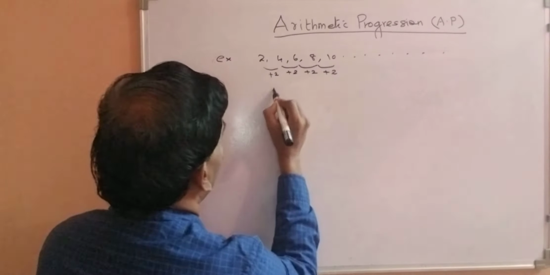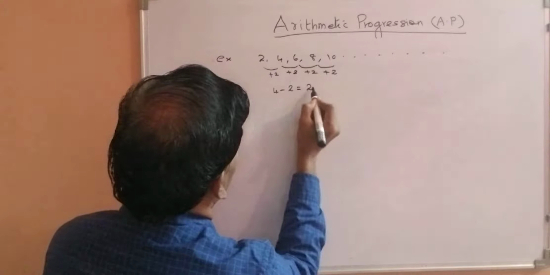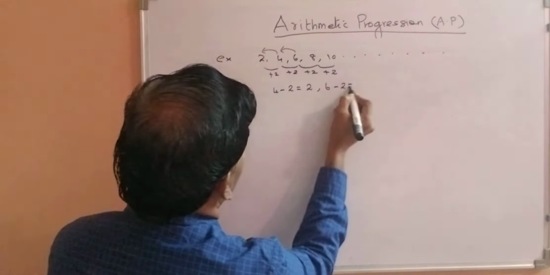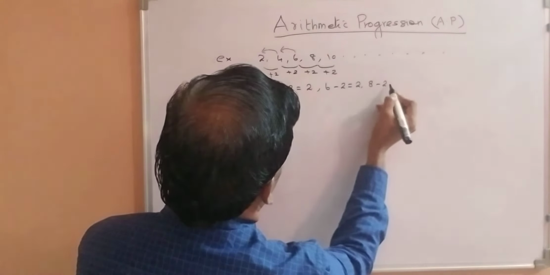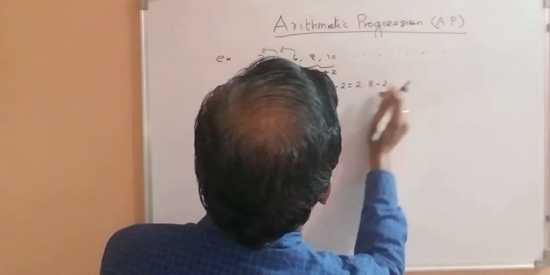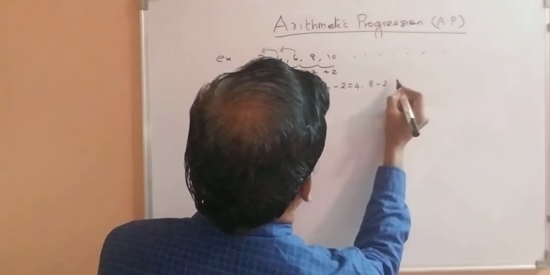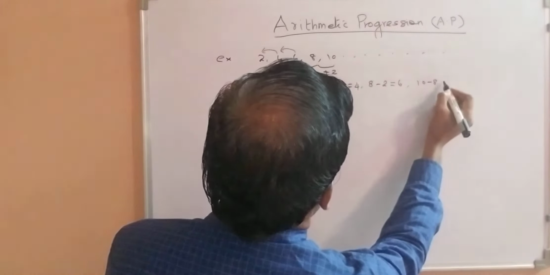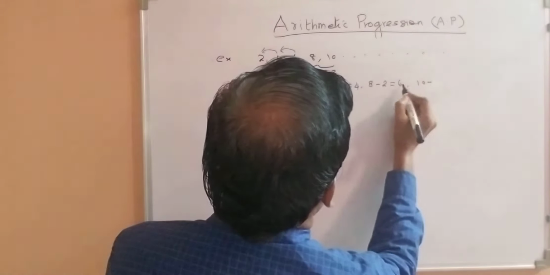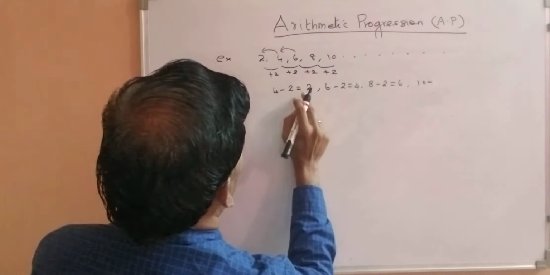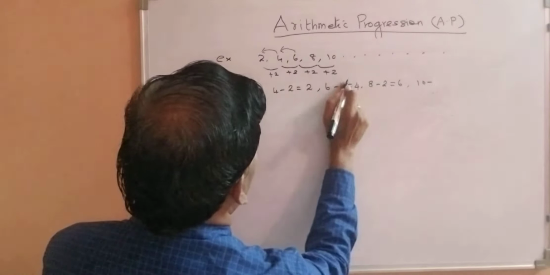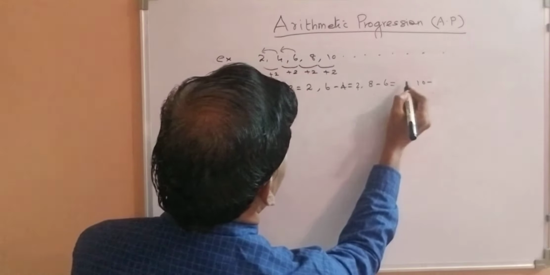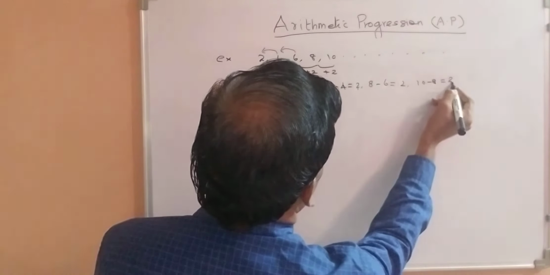See here, 4 minus 2 equal to 2, 6 minus 4 is 2, 8 minus 6 is 2, 10 minus 8 is equal to 2.